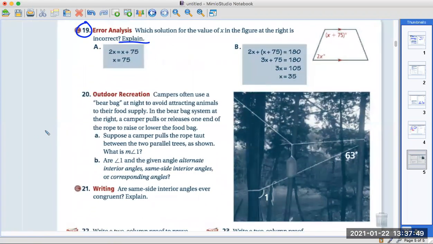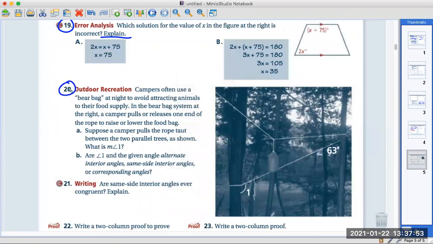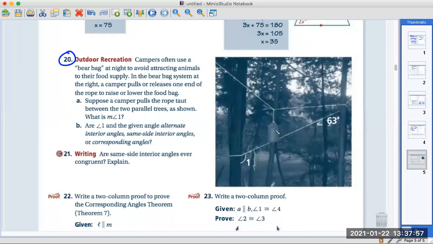And this one is an interesting question here. So when you go camping in bear country, like in the Sierras or somewhere, you got to hang your food up at night. Otherwise bears come and eat it. So they destroy your camp. So people put it on a pulley way up high in the air so they can't reach it. So your job is to figure out what's angle 1 here. What is this angle?